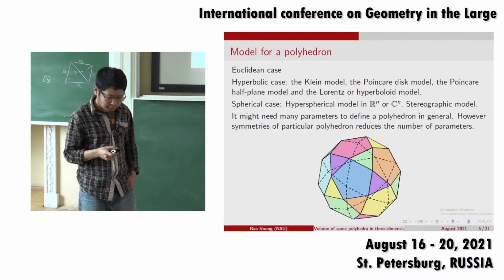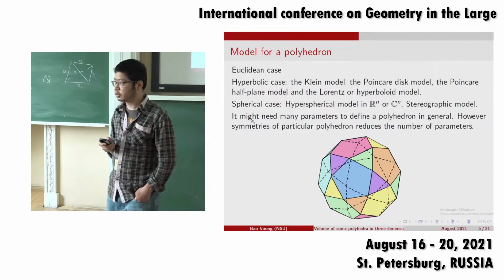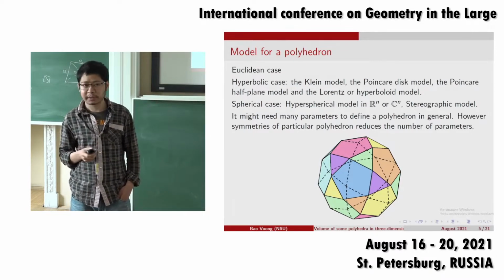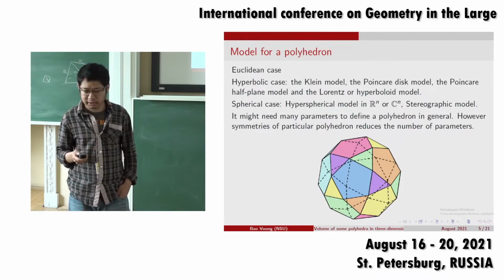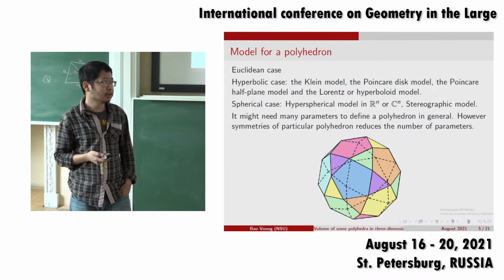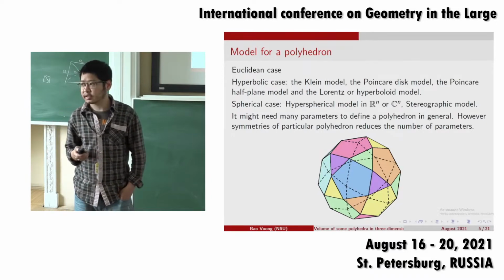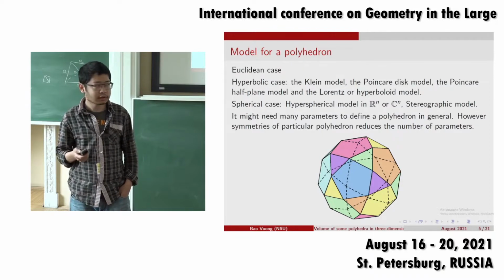To study a polyhedron in a particular space, namely Euclidean, hyperbolic or spherical space, we have to put it into some model of the corresponding space. In Euclidean space, it's just the ordinary coordinate system, the ordinary case we work with in school geometry.